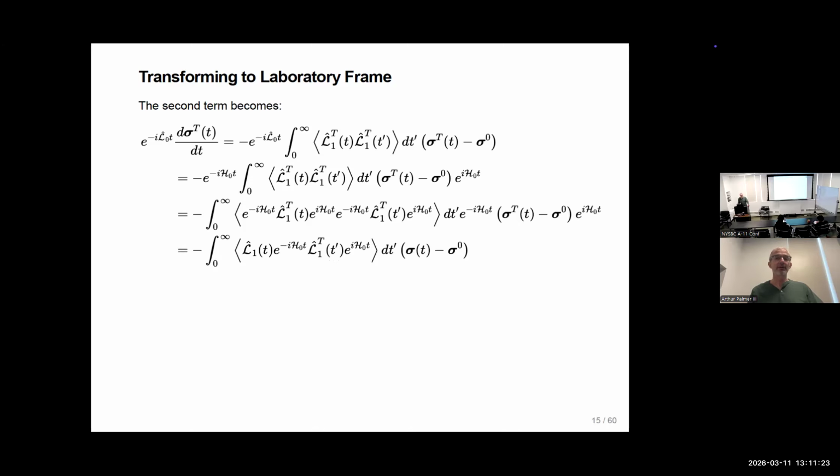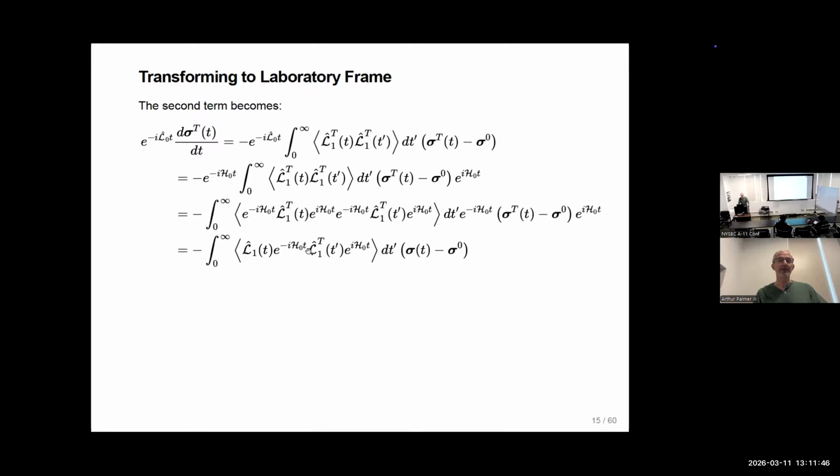But we're only going to worry about stationary processes. So we only care about the time lag tau, the difference t prime minus t. I'm going to substitute into this equation for t.